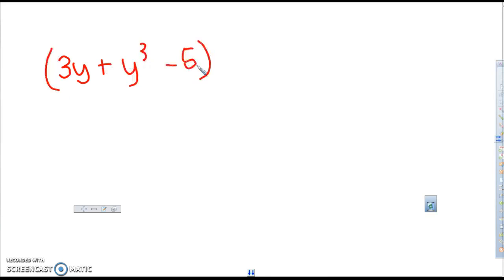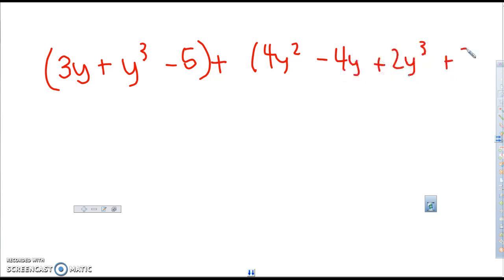We'll do 3y plus y cubed minus 5 plus 4y squared minus 4y plus 2y cubed plus 8.